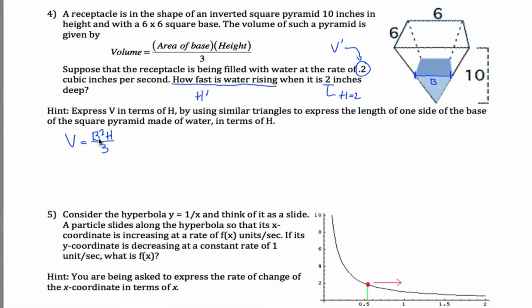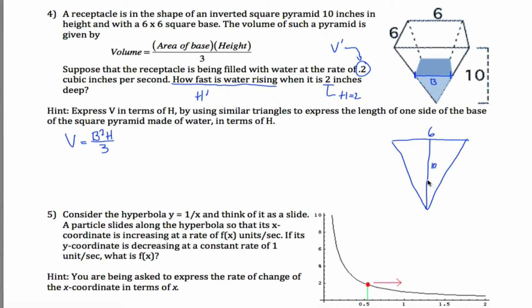In fact, I can get rid of B's if I express V just in terms of H by using similar triangles to express the length of one side of the base, aka B, in terms of H. So the way you do that is if you draw this triangle here, on the big triangle I have this is 6 and the height is 10.